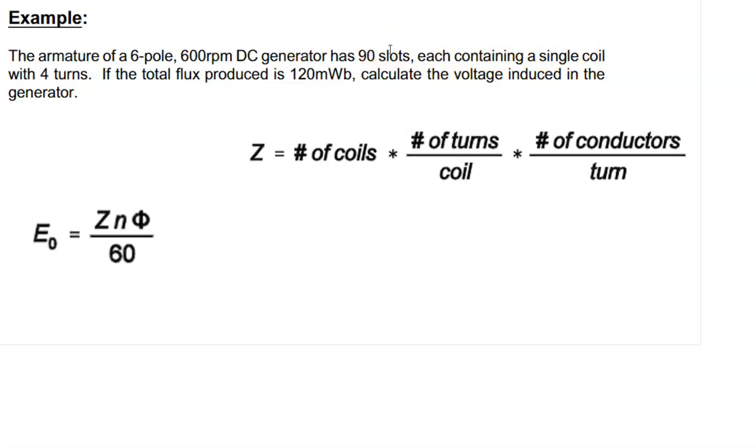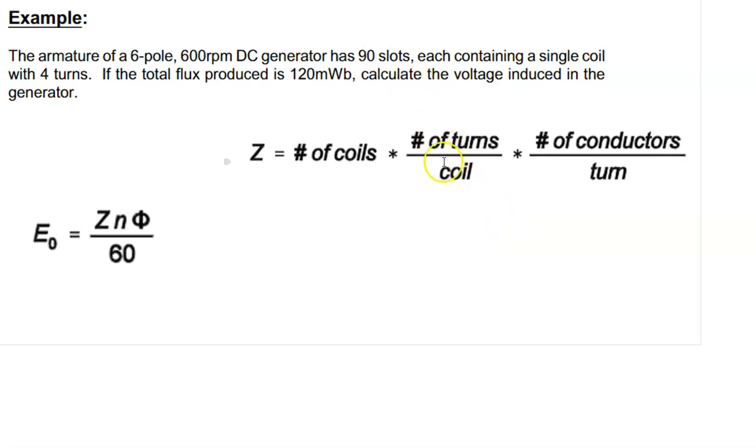There's the possibility of different kinds of windings, lap wound and wave wound, where some we'd consider to have 2 coils per slot. But for our calculations, we'll never have more than 1 coil per slot. So the number of coils really is the same as the number of slots. So we have 90 coils.